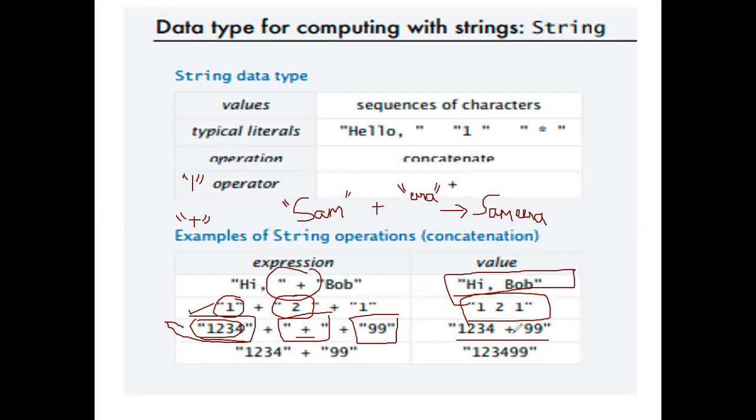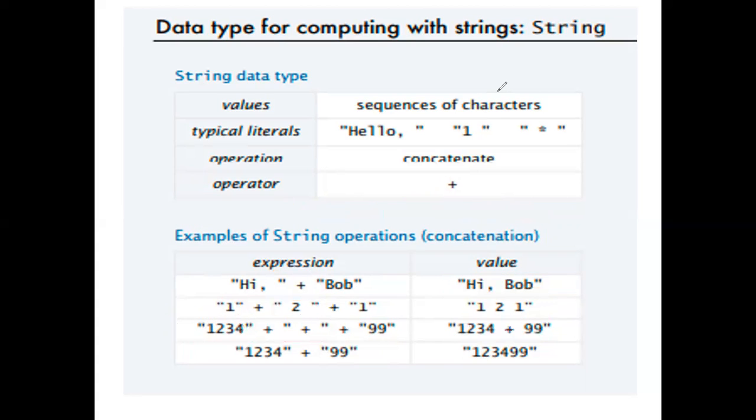The plus will be copied as it is here, because it is inside the literal, inside inverted commas. And the next one, 99, was in inverted commas, so it's going to get pasted as it is and considered a single string. Clear? So this is how the string operation works. What kind of operation does the string data type perform? Concatenation, using which operator? The plus operator.